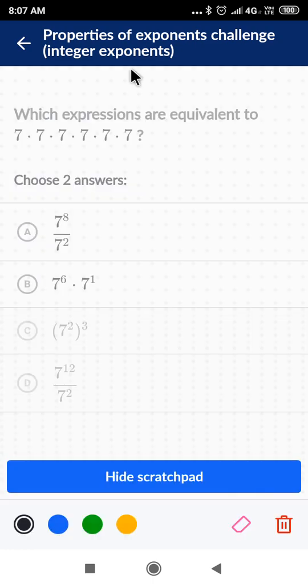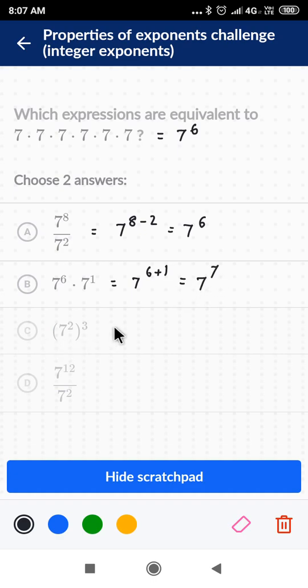Okay, let's do this. This is equal to 7 to the power 6. Now A is equal to 7 to the power 8 minus 2, that is 7 to the power 6. B is 7 to the power 6 plus 1, that is 7 to the power 7.